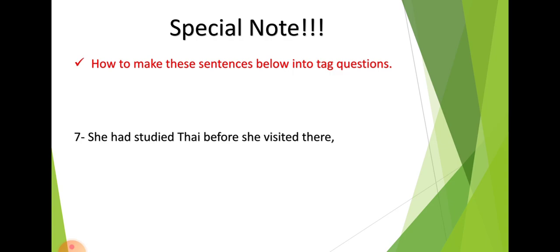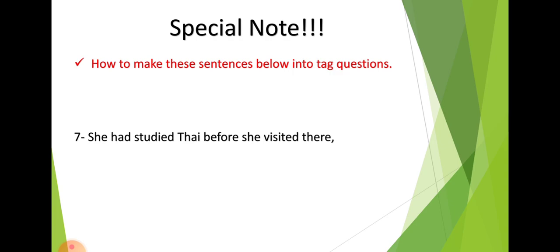Number 7: She had studied Thai before she visited there. Look at the sentence here. It looks like past tense, but it is not simple past; it is in the past perfect form.